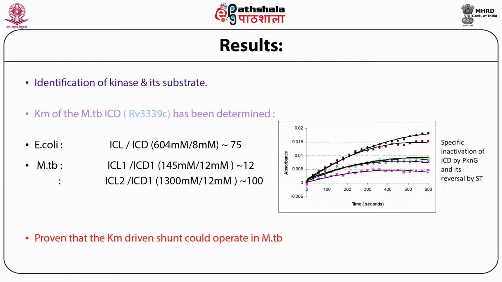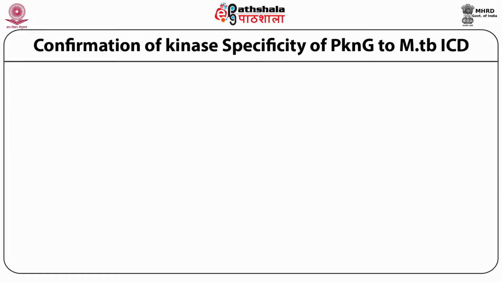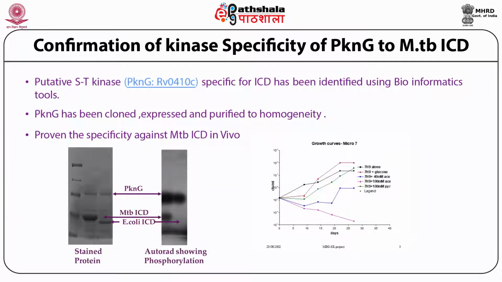We also found the kinase specificity of MTB, and it's identified as PknG. It shows that it is very specific for MTB ICDH, and it cannot phosphorylate the E. coli ICD by this data.